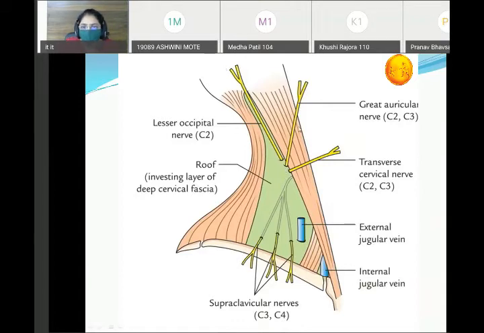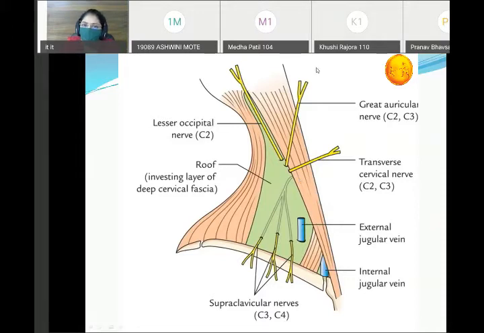The second nerve, that is the great auricular nerve, which ascends upward over the sternocleidomastoid and supplies the skin over the parotid gland. It is in relation with the auriculotemporal nerve. Long back we have studied its relation with the auriculotemporal nerve, that is Frey syndrome.